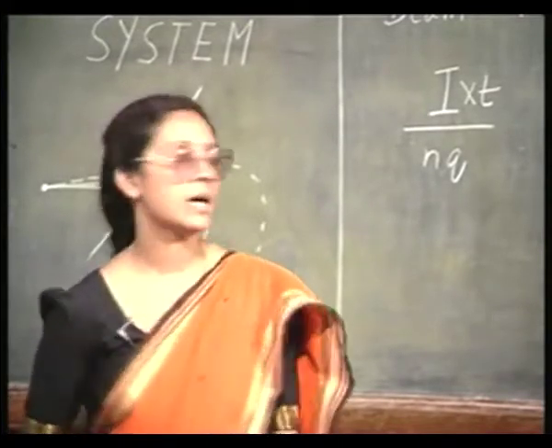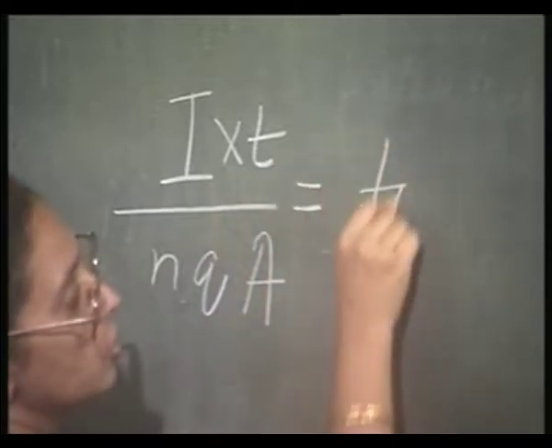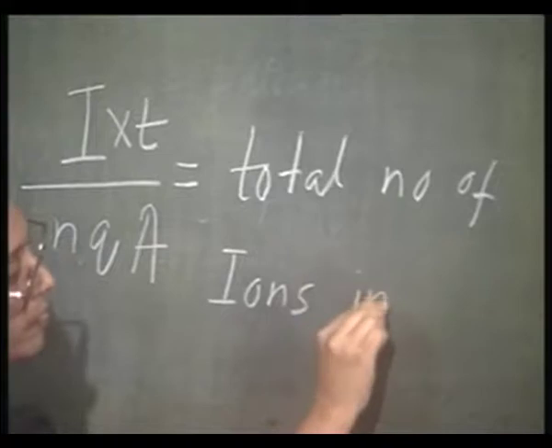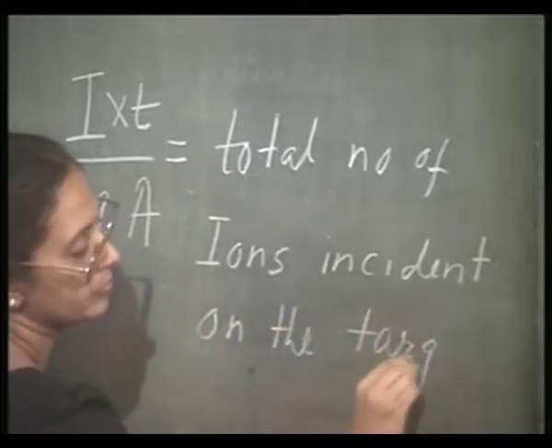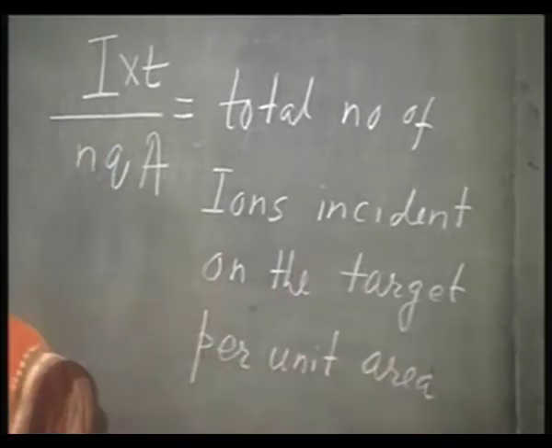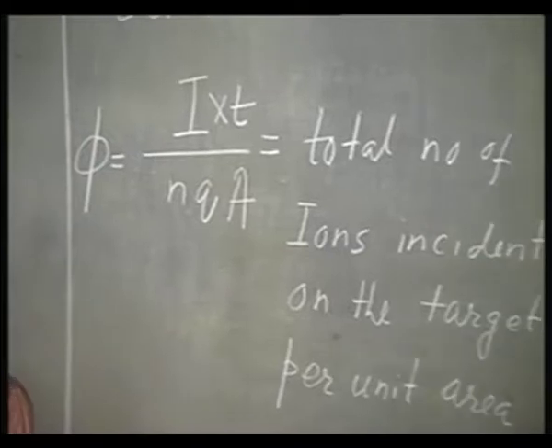And if the target area is capital A, then I times t divided by n times q times A is equal to the total number of ions incident on the target per unit area. What is this? Total number of ions incident on the target per unit area. That is equal to my total dose.